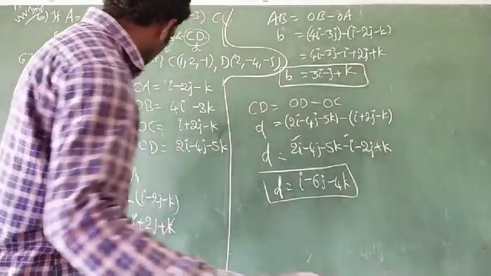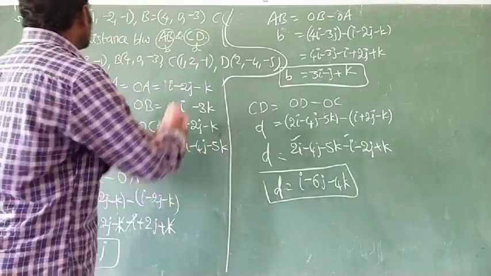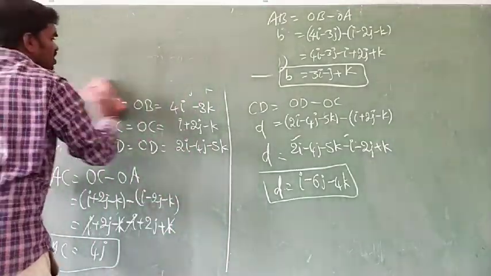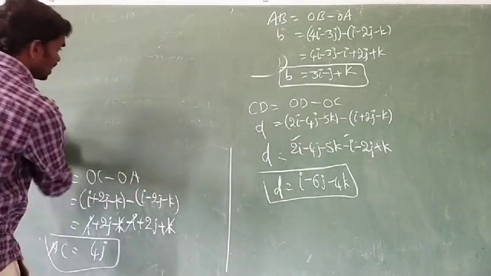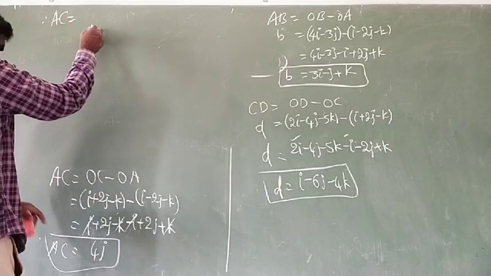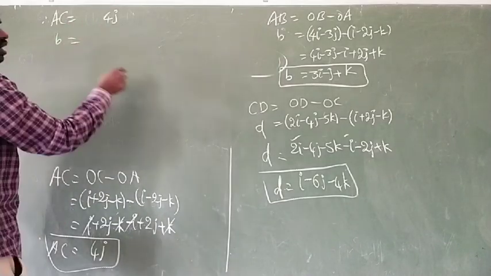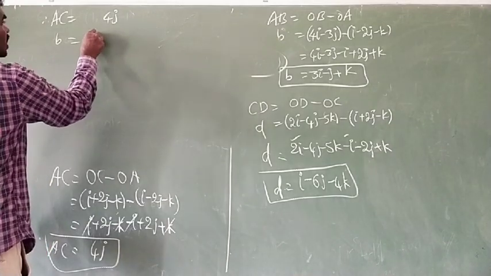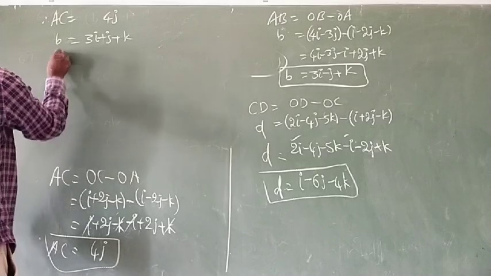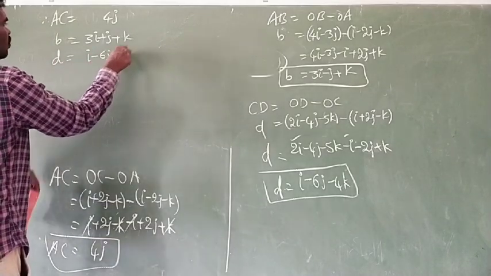So capital AC we have, small b we have, small d we have. By using these three terms, we can find the shortest distance between any two lines. Here I am writing: AC is 4j, small b is 3i minus j plus k, and small d is i minus 6j minus 4k.